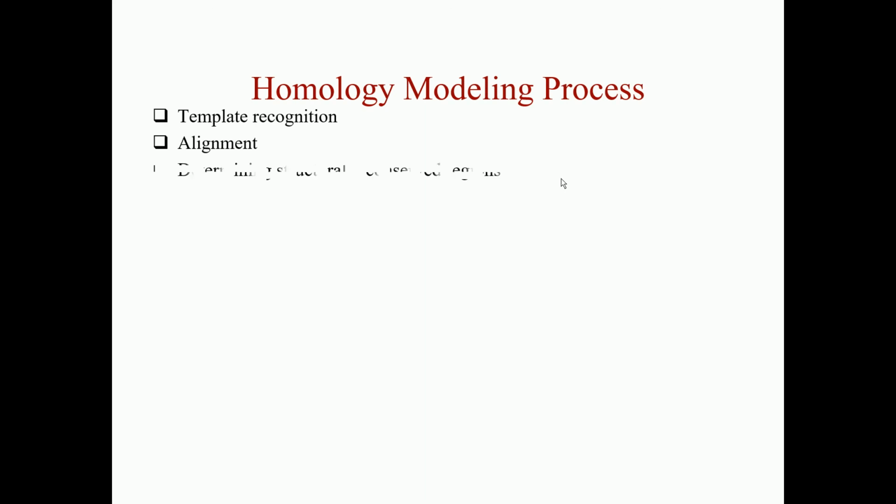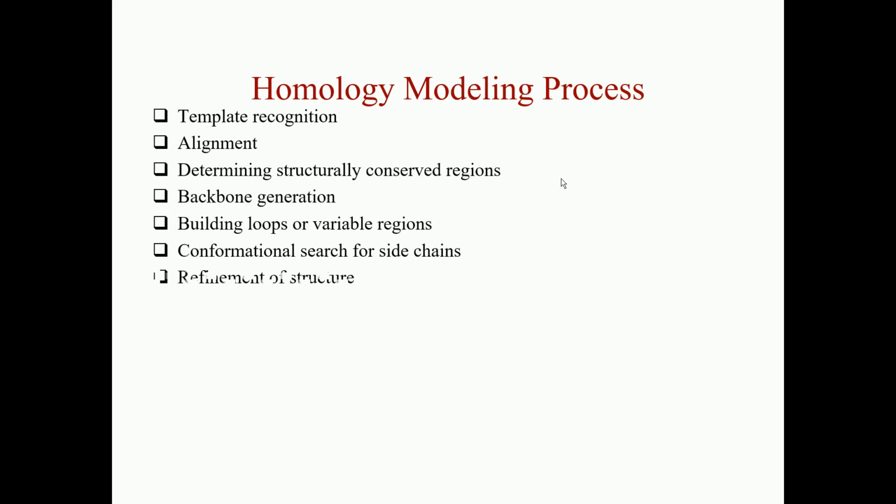And how do these models work? Basically, as I said, this tool is first of all going to find the template. Template recognition is the first step, and the template will be the most homologous protein to your unknown protein, and it is going to look in the database.